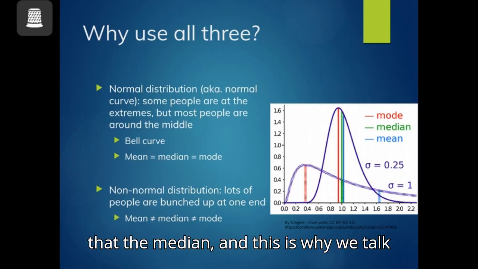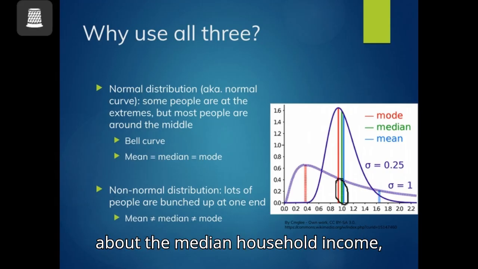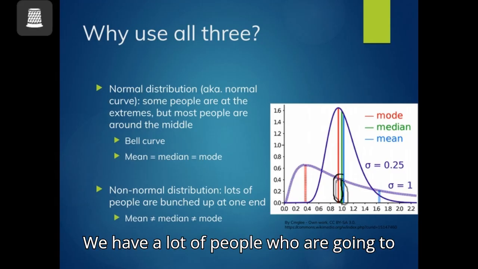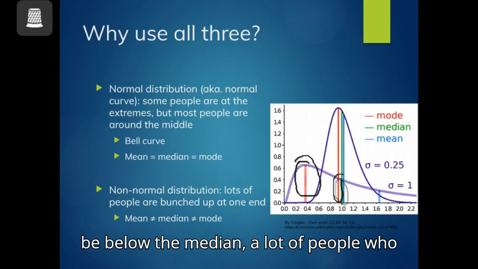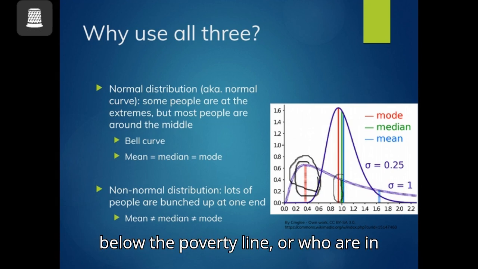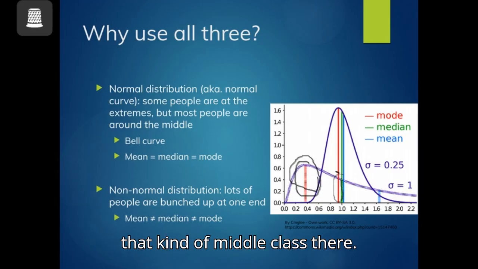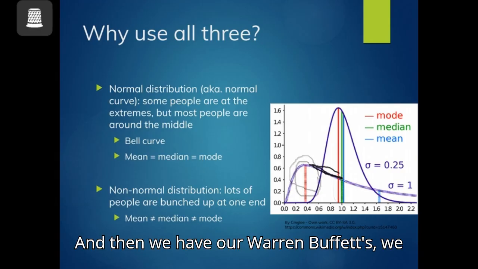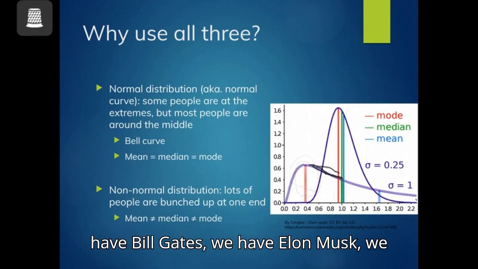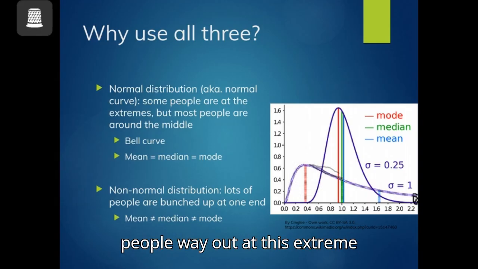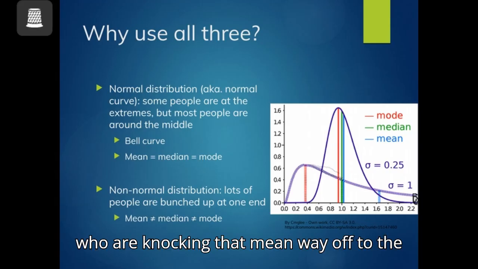So that's why we talk about the median household income, because we have a lot of people who are going to be below the median, a lot of people who are poor, who are below the poverty line, or who are in that kind of middle class. And then we have our Warren Buffetts, we have Bill Gates, we have Elon Musk, we have Jeff Bezos, we have all these people way out at this extreme who are knocking that mean way off to the side.